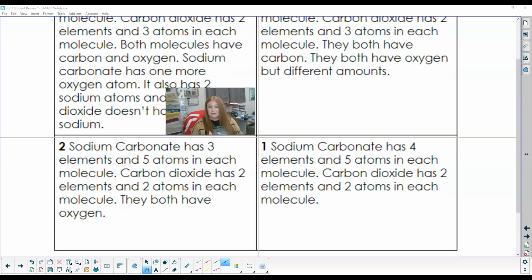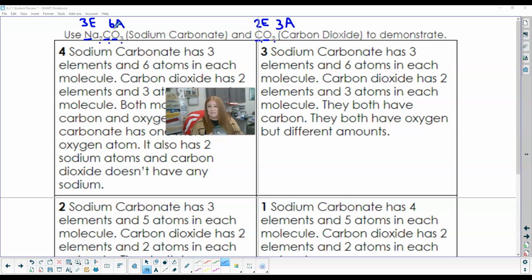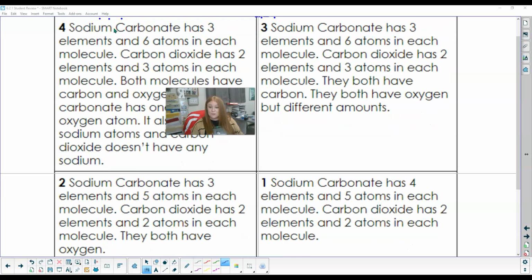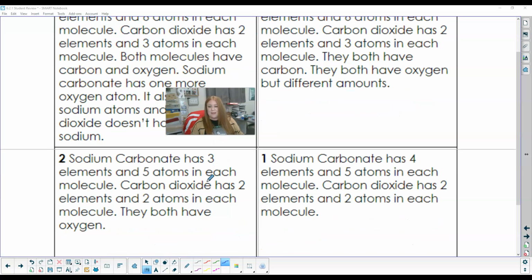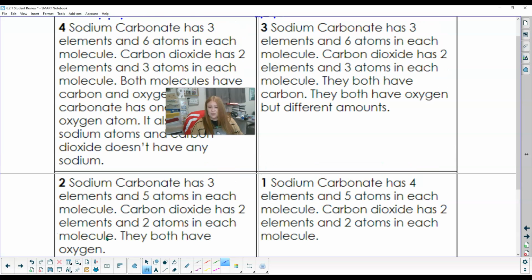Okay, so let's check out 2. Sodium carbonate has 3 elements and 5 atoms. So 3 and 5, so that's closer. Carbon dioxide has 2 elements and 2 atoms, and they both have oxygen. So on this one, a 1 forgot to compare them at all. Oh, and this one, they both have oxygen, which is true.